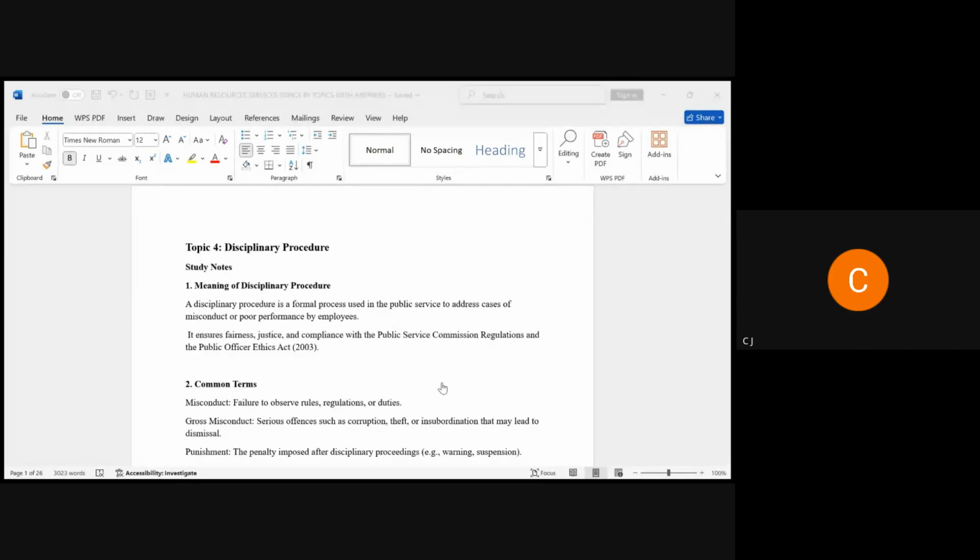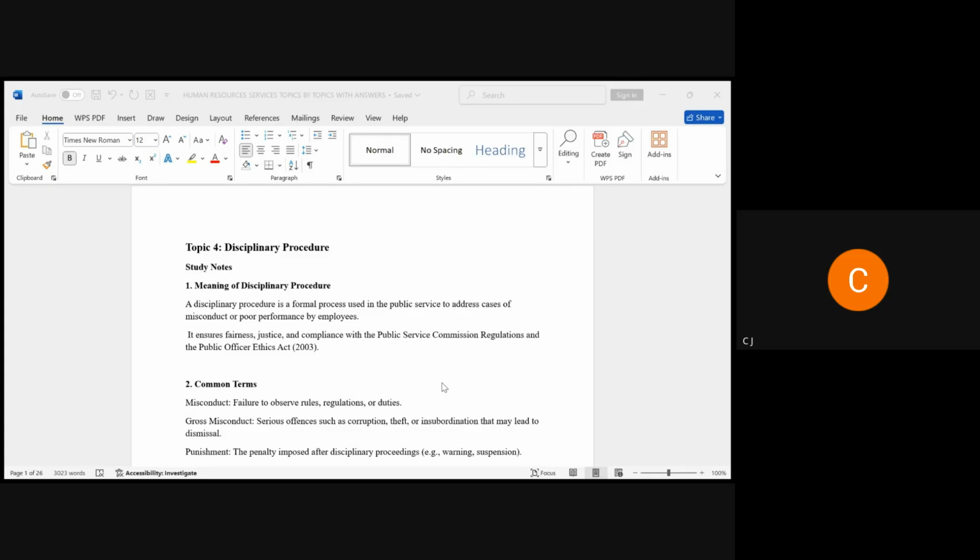It's a serious offense for you to steal in your office. It's a serious offense for you to be insubordinate to your senior. It may lead you to be dismissed in the public service.